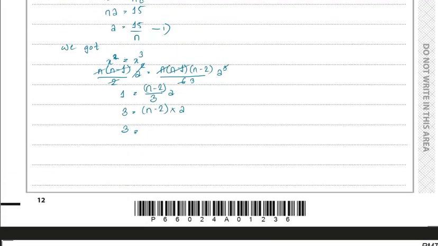So this would be 3 equals na minus 2a. So now we can put a is equal to 15 by n in equation 2.